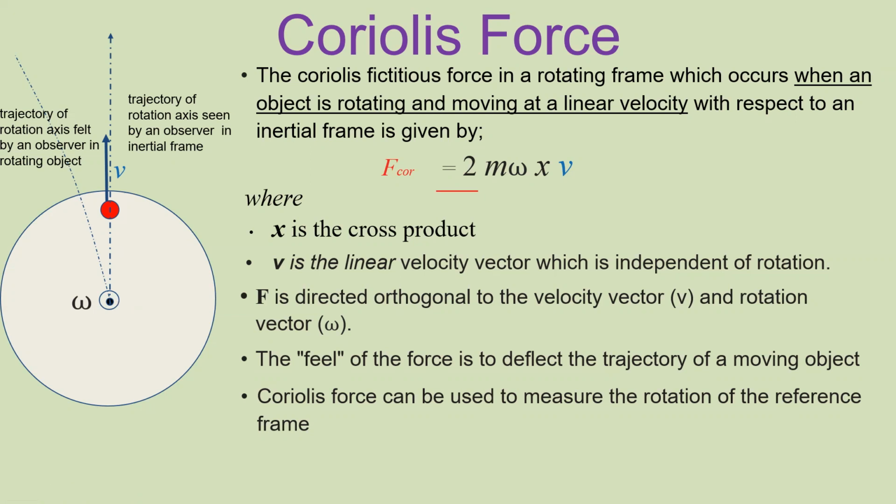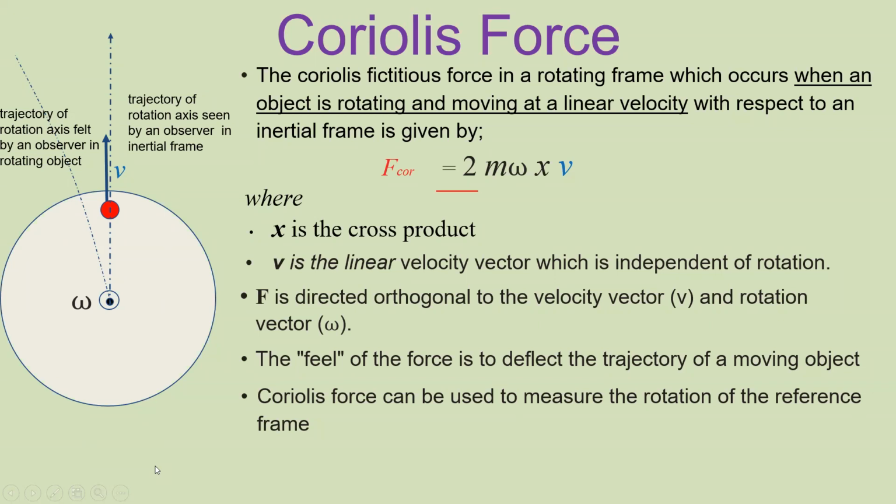So if this disk is in the plane of the screen, omega is coming out towards you. That means take the right hand and curl your fingers. Then if omega is coming towards you, this disk should rotate anti-clockwise. This disk is rotating anti-clockwise.